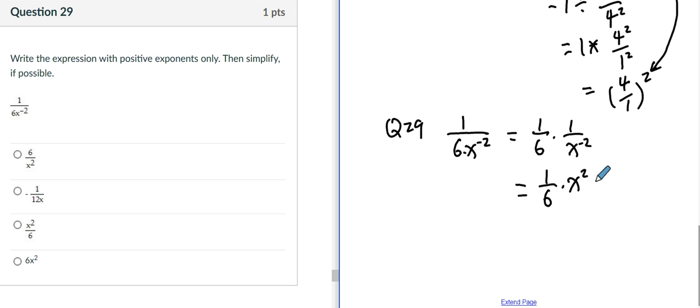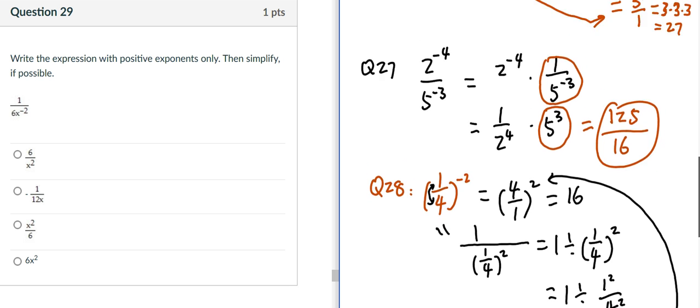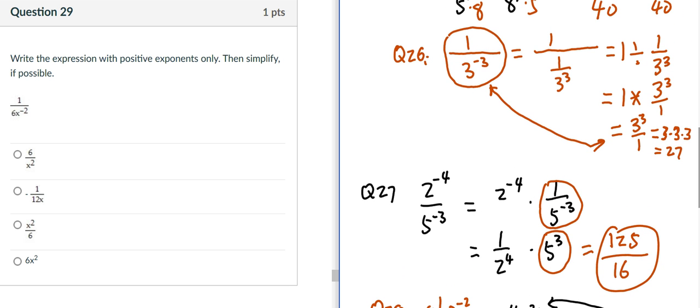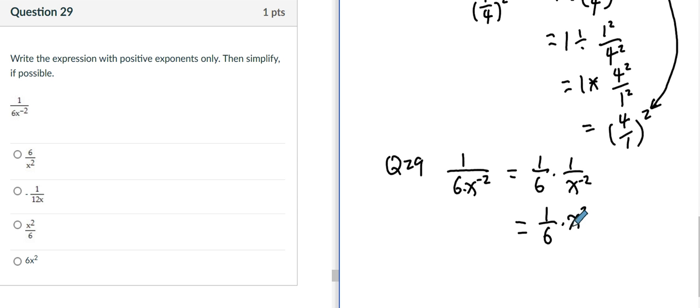Where did we do that? See right here: 1 over x to the negative cubed, you flip it up. Here is the same thing. 1 over x to the negative 2, flip it up.